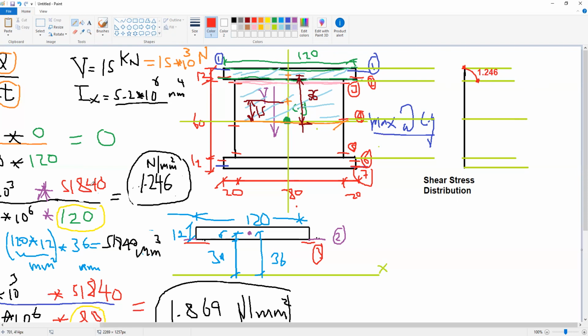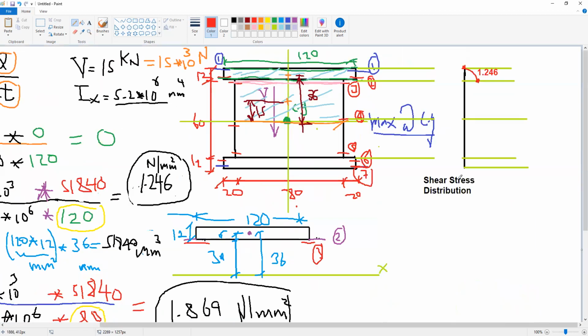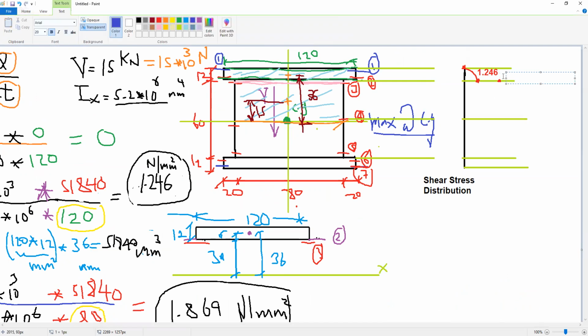Then at section 3, we have to put section 3 at this line as well. So at section 3, the stress was 1.869. So 1.869, and I will put it somewhere here. This is the value here.